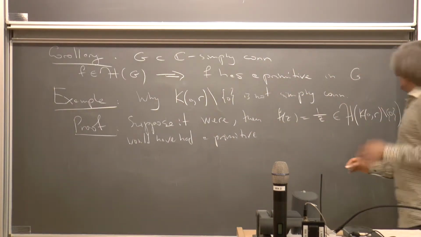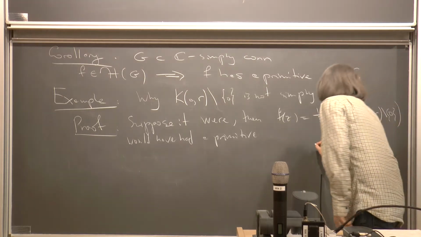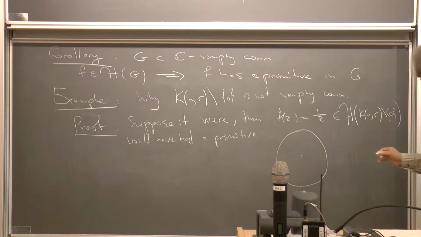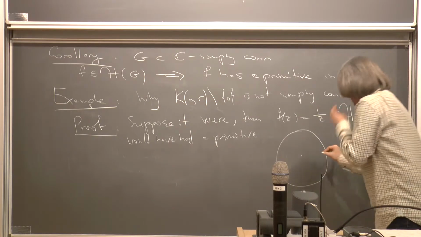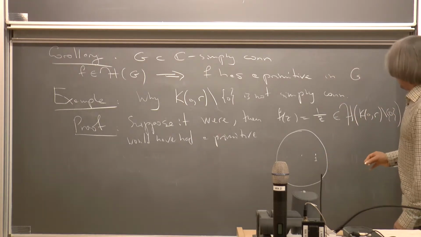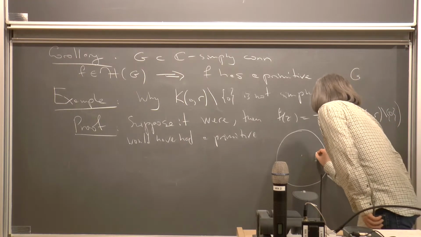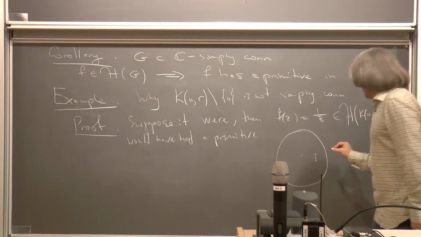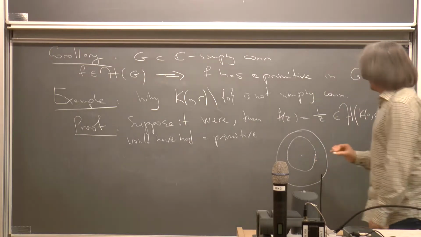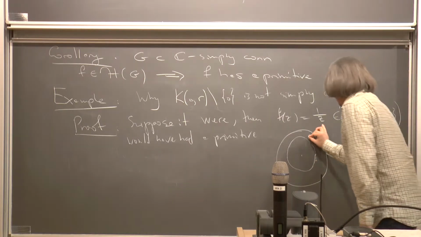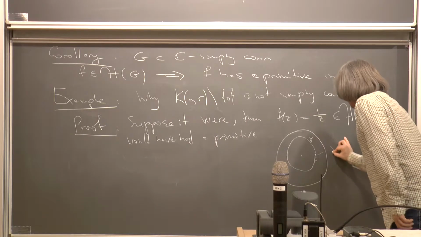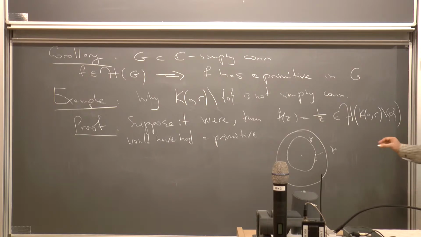But then, if we take 2 points, for example, let's say there's a point 1 here, and let's consider a path starting at 1 and ending at 1, like this. So it's a unit circle. And let's say gamma 0 is just the constant path.